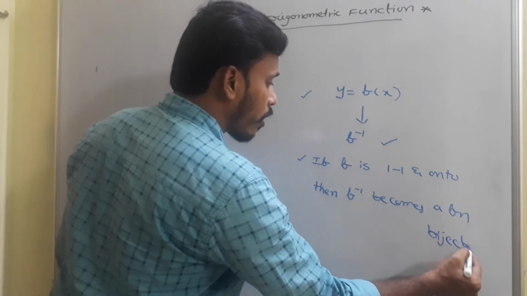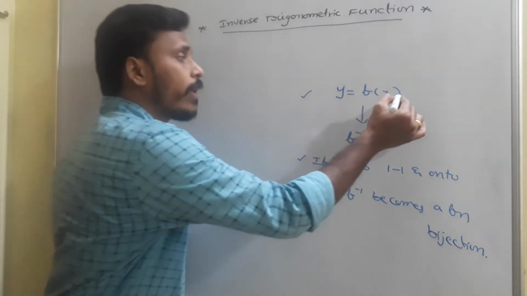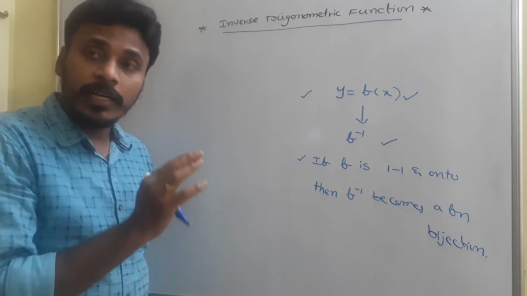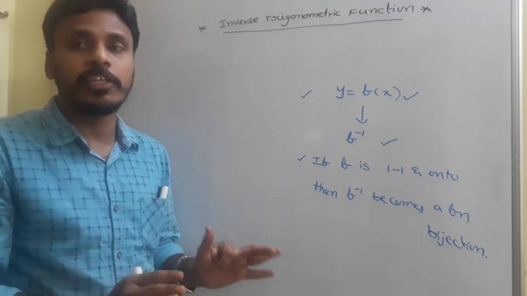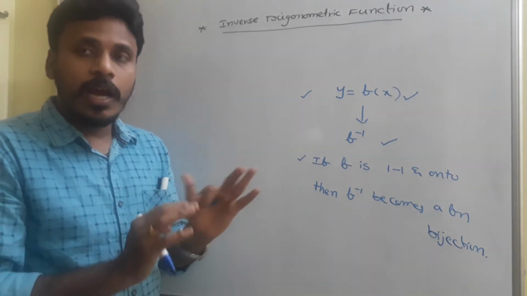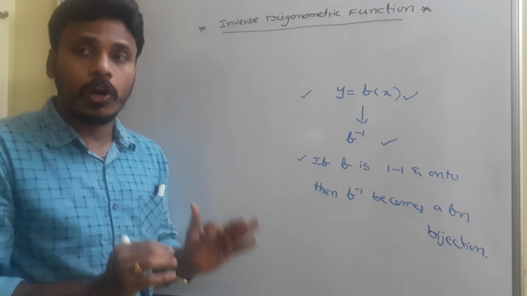These things we already learnt in functions. Once again I repeat for you. If we have a function, we write its inverse. That inverse is purely a relation at first, and we call it the inverse of the function. We don't know whether it is a function or not.